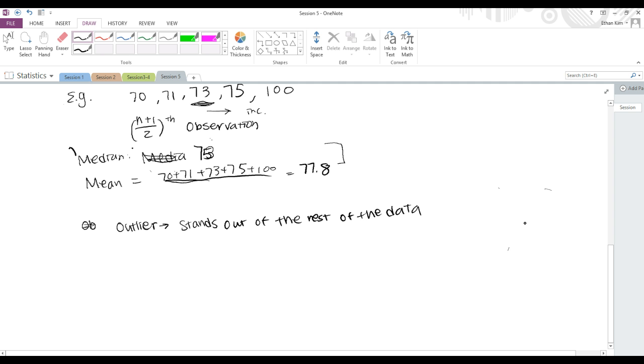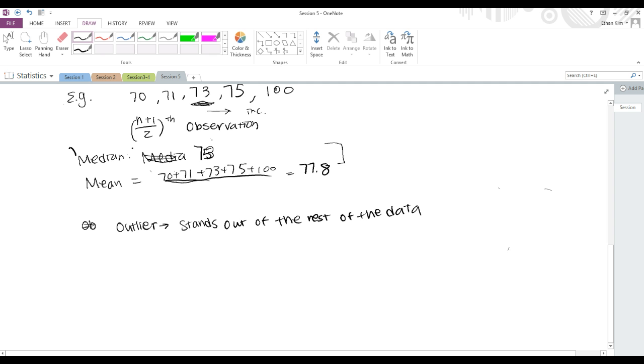Since we only have 5 observations, it's pretty difficult to say that this is a significant observation. But in this case, this is obviously an outlier, because these are all in the 70s, but this is 100.